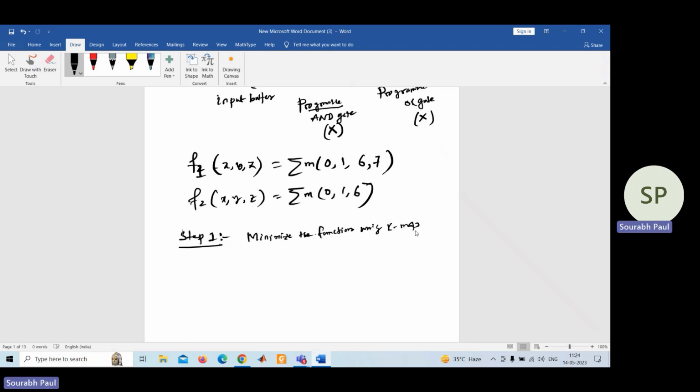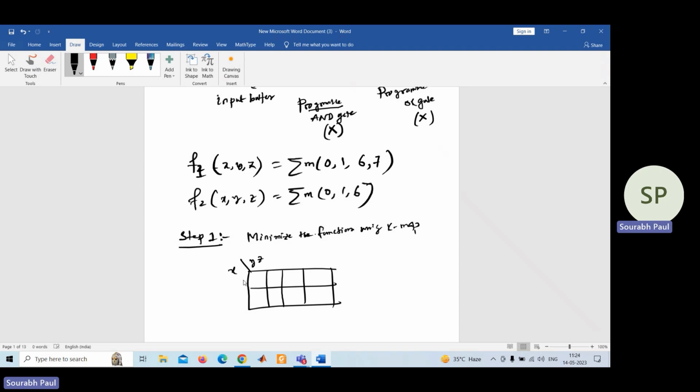You need to check whether it is possible or not. If it is possible, then you will do the minimization. If it is not possible, then whatever expression you get, that only you need to use without any minimization. So we'll check whether it is possible for this current problem.